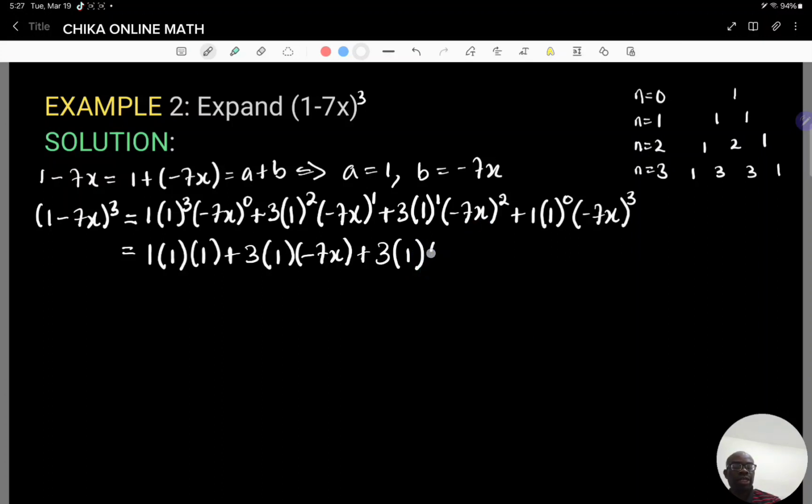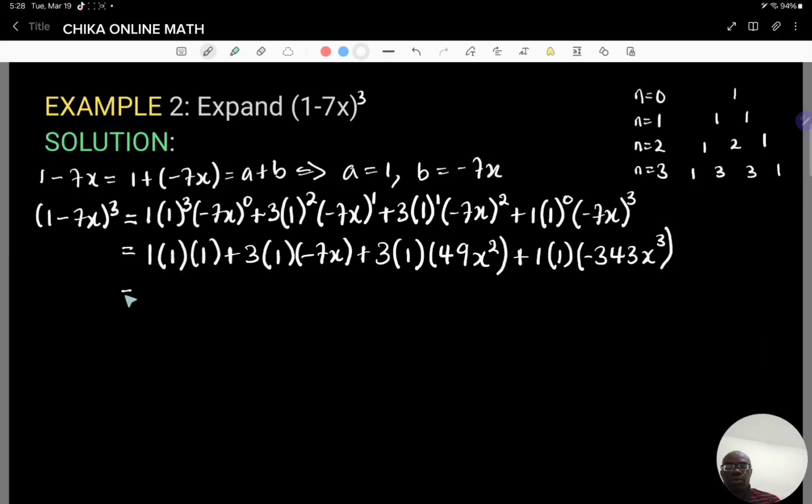What is minus 7 times minus 7? It's simply 49, then x raised to the power 2. Plus 1, then times 1 raised to the power 0 is 1, because any number raised to the power 0 is 1. Then minus 7 raised to the power 3 is minus 343, then we have our x raised to the power 3.